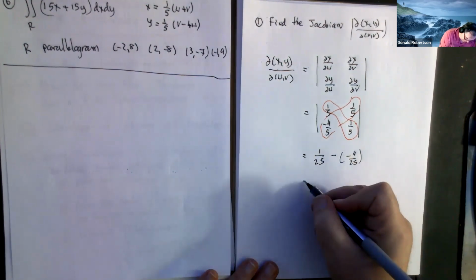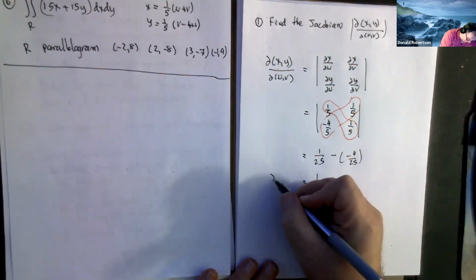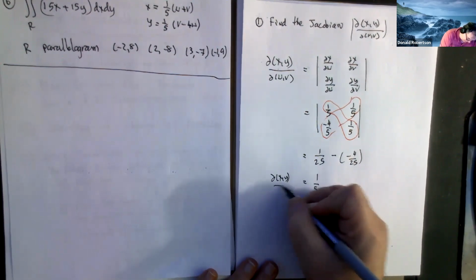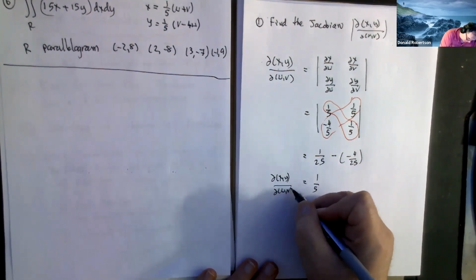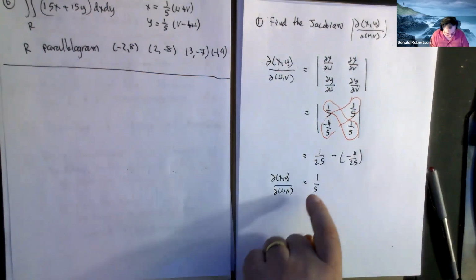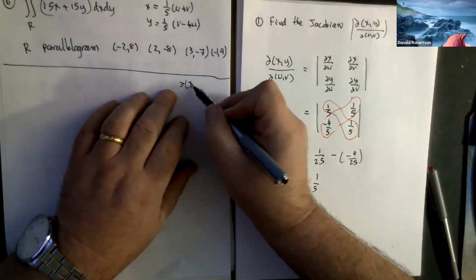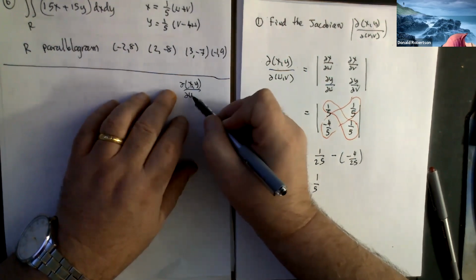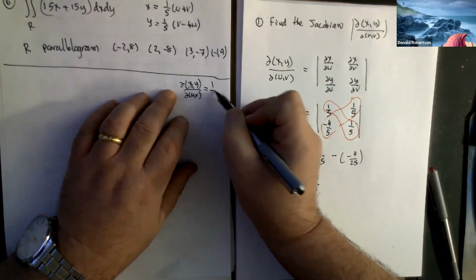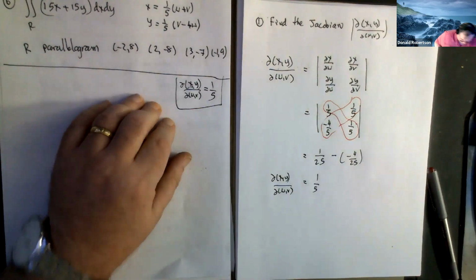So you get 5/25, so you get 1/5. Since this is positive, I don't need to worry about changing it. So there's our guy. A little note to self that the Jacobian, when we need it, is that guy.